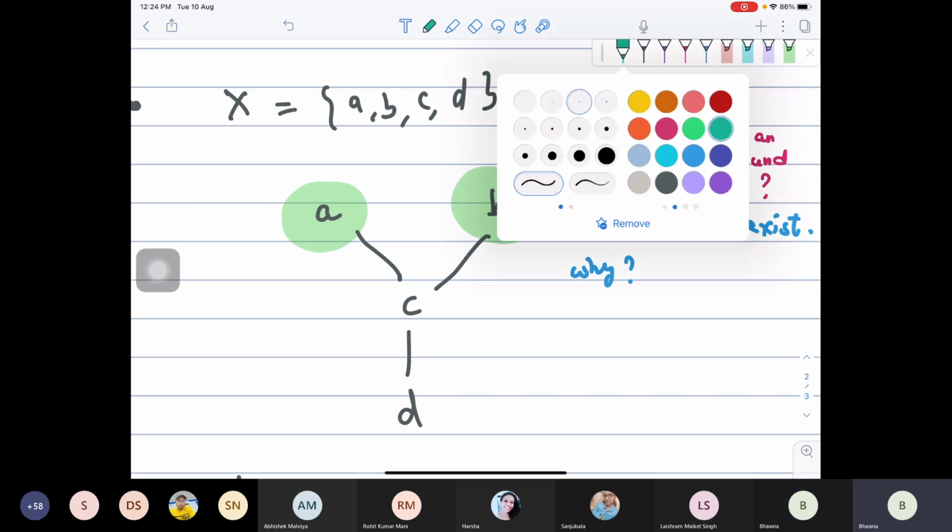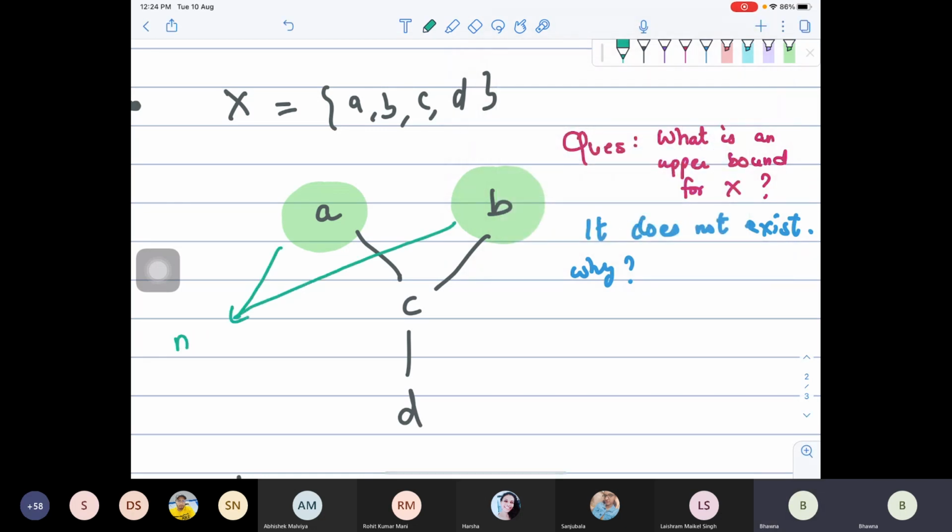They are maximal elements because there is nothing above them. But now for an upper bound, it wants to dominate everything. So if suppose this happened to be an upper bound, then this should dominate everything. So in particular, this B should also be below A. Does that happen? No, ma'am. Therefore there is no upper bound.